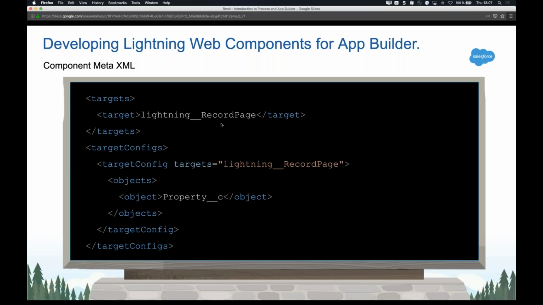So as a developer, you can really control where an admin can actually use the custom component that you built. And this metadata definition file even narrows the use case a bit more, because this component can only be used on a record page, and only if that record belongs to objects of type property, right? So you can really narrow that down, and with that also create a real customized user experience.